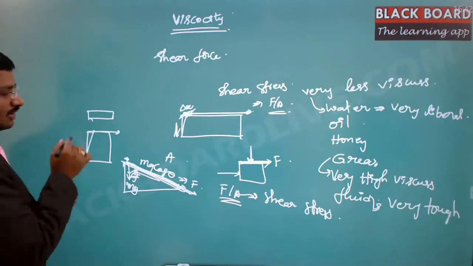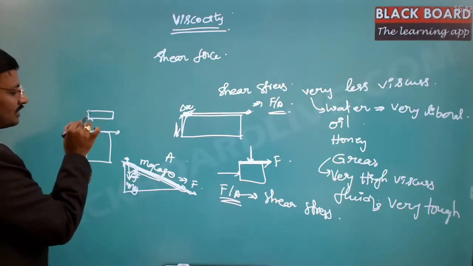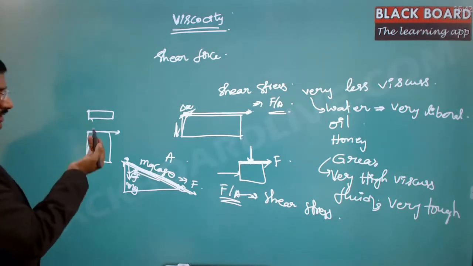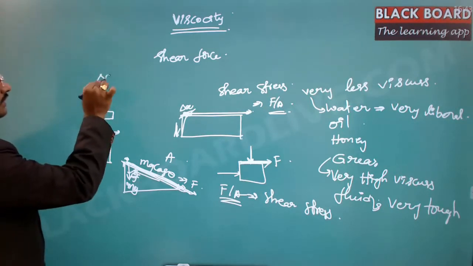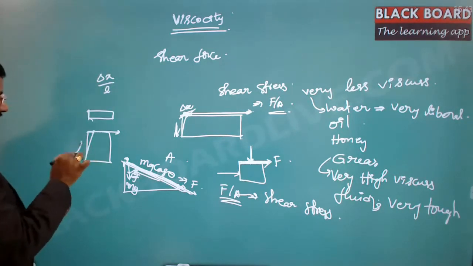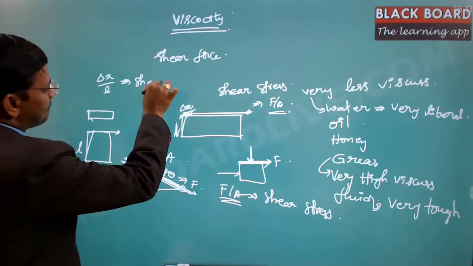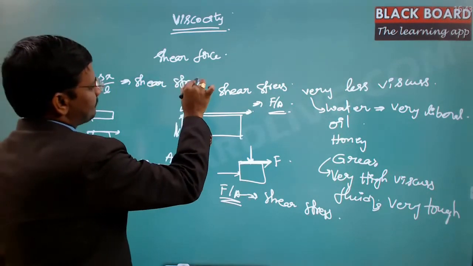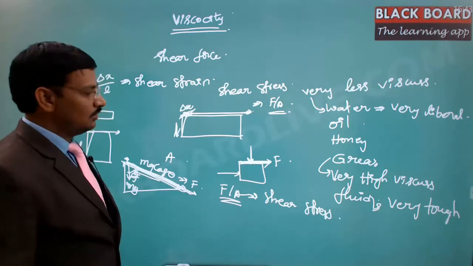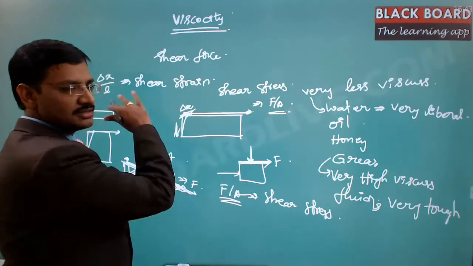In the shorter one, it is very tough to drag because the height is less. So the ratio gives delta x divided by L, where L is this height, and this is what is called the shear strain. So this is the shear stress and this is the shear strain.